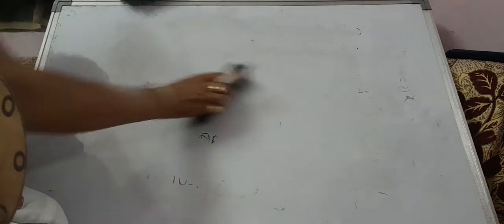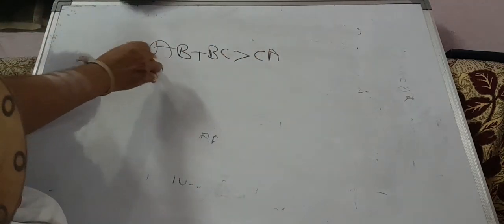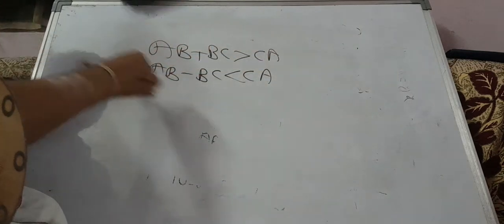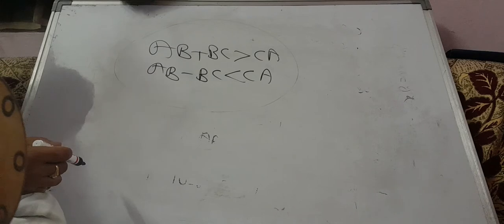Okay. See, AB plus BC is greater than CA and AB minus BC is less than CA. So like this, the sum of any two sides is greater than the third side and the difference of any two sides is smaller than the third side. With this we will complete this discussion.